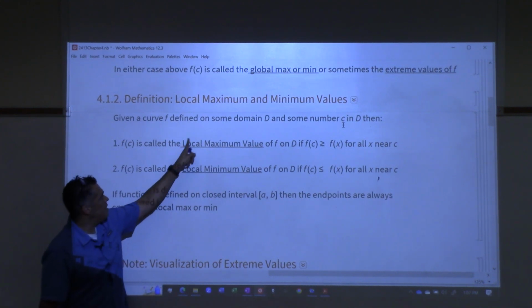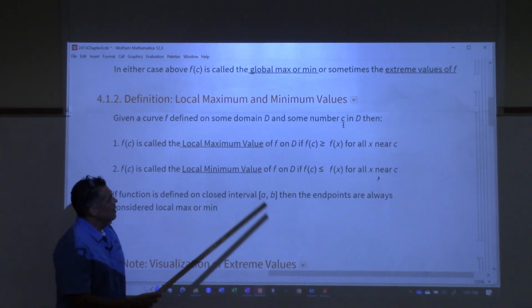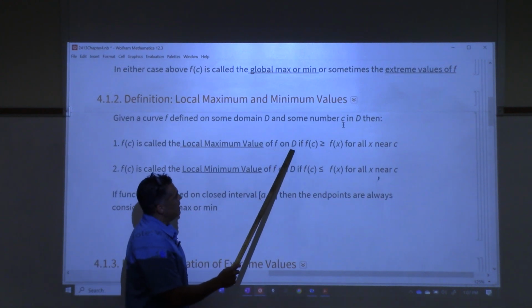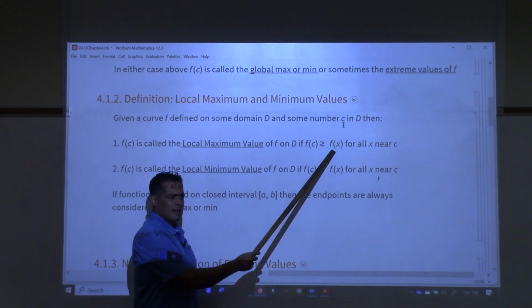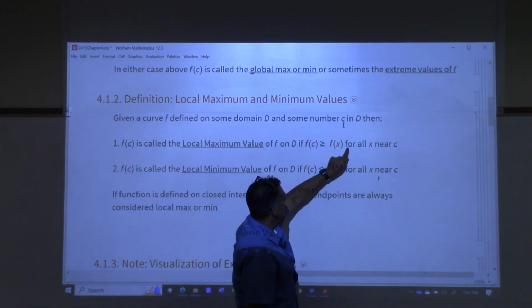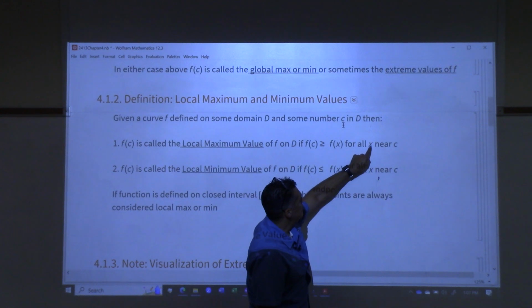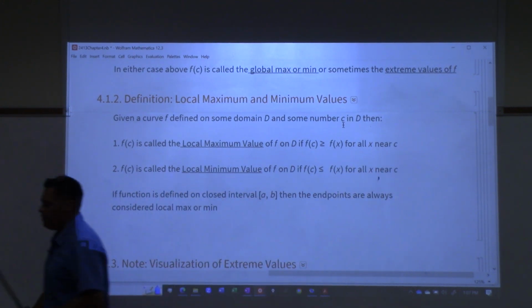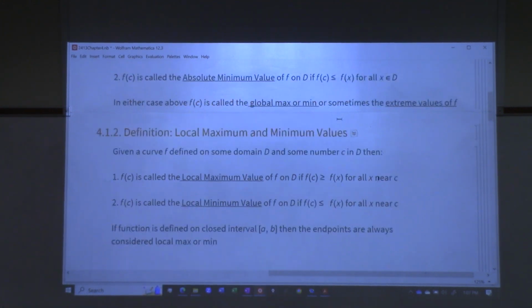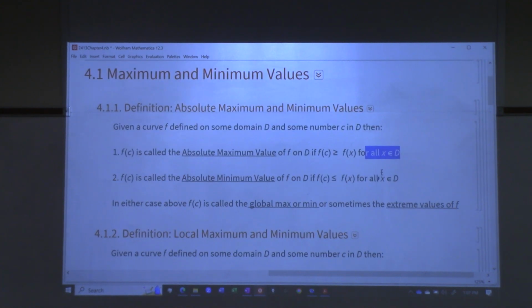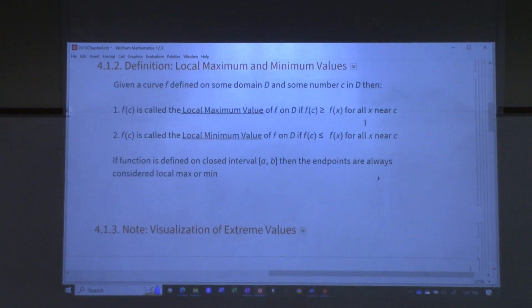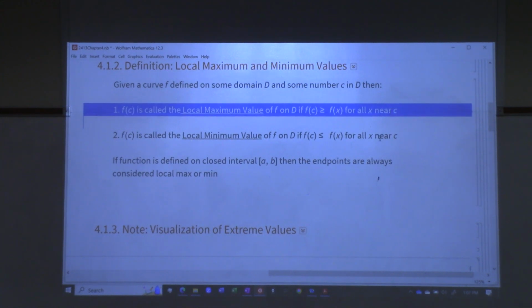A local, that's the difference. If F of C is greater than or equal to F of X, that's the same exact definition. But right here it says for all X near C. What did it say before for absolute maximum? It said for all X in the domain. This is saying all X near C. That's the only difference between those two definitions.